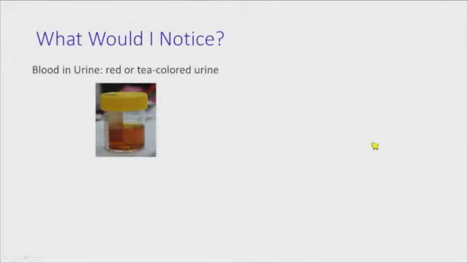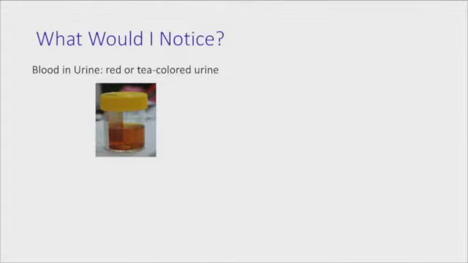So from a more practical point of view, the patient can be thinking, for me, what does it mean? What would I notice? The patient can see that the color of the urine changes, and suddenly they have a red or tea-colored urine. Many times the color of the urine is completely normal because the blood in the urine is what we call microscopic hematuria.